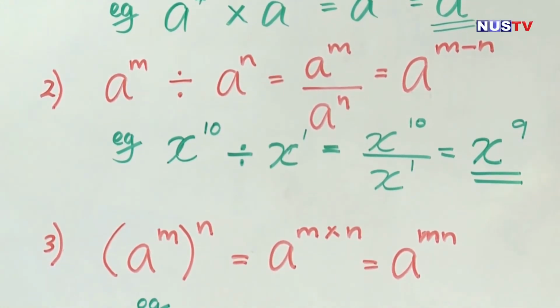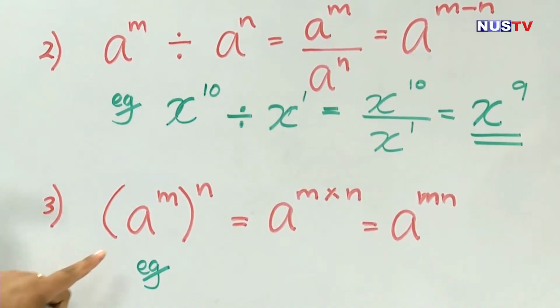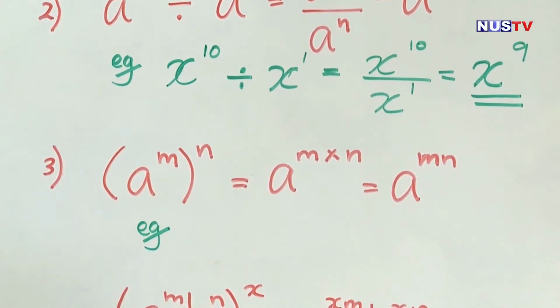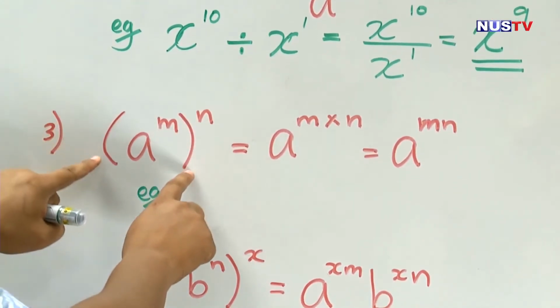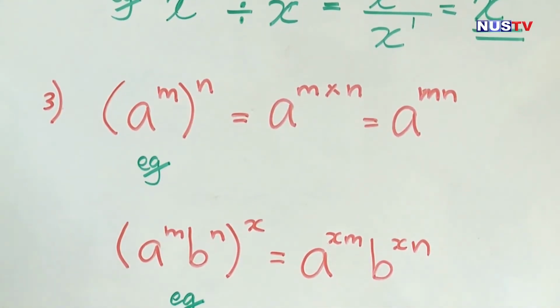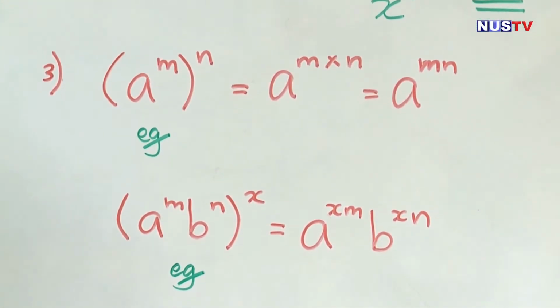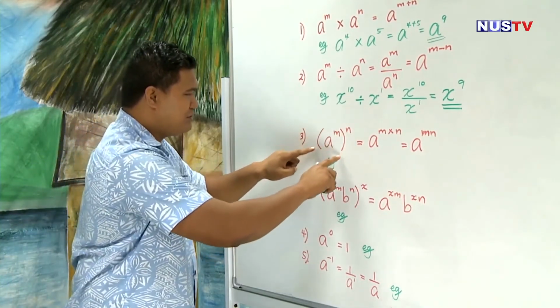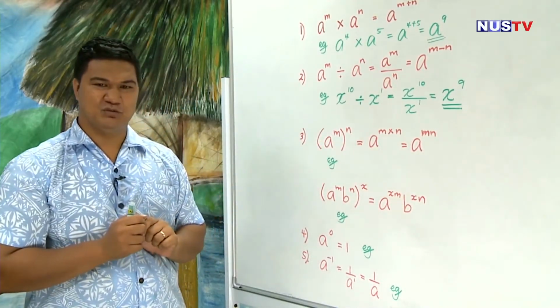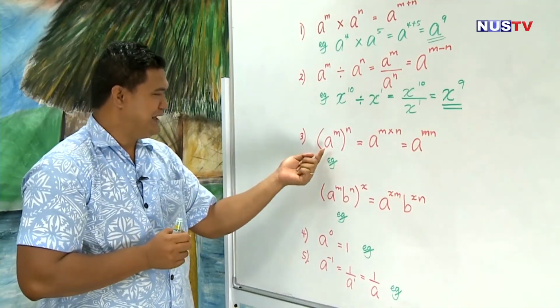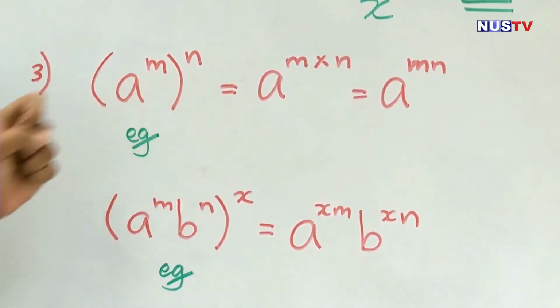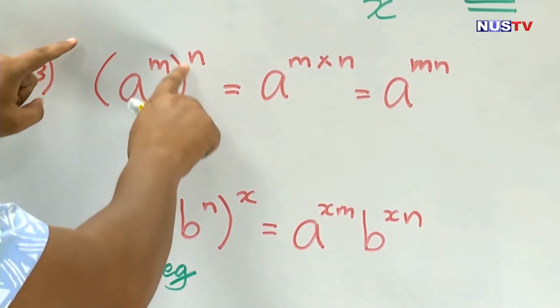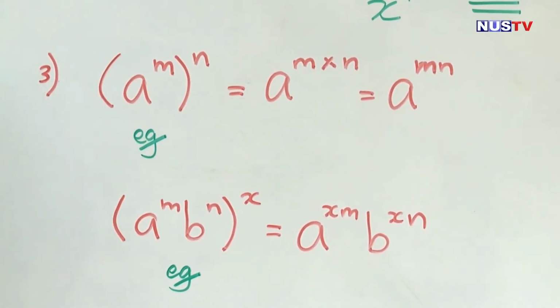Now our third one, we have a to the power of m, all to the power of n. So again, this is a to the power of m, raised to the power of n. So what does that mean? We have a term a to the power of m here, and that is raised to another power n.